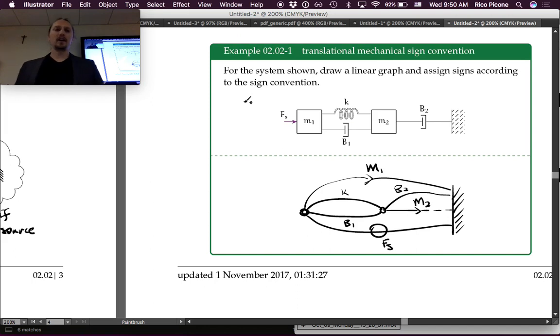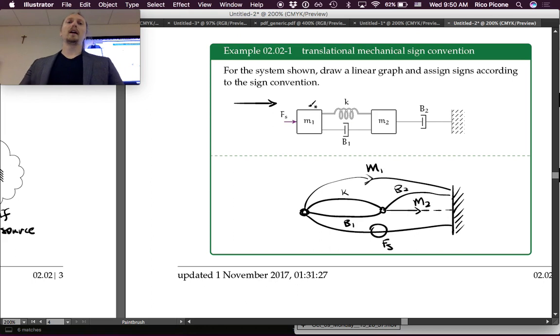Yeah, draw the coordinate arrow. So let's draw our coordinate arrow to the right. Why did we choose to the right? Because right's always right. No, because it's the direction of the force source that's drawn, and we like to keep them in the same direction if possible. So that's the direction I drew the force arrow, so let's draw the coordinate arrow in that direction.